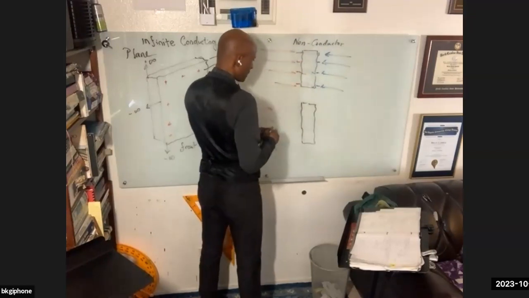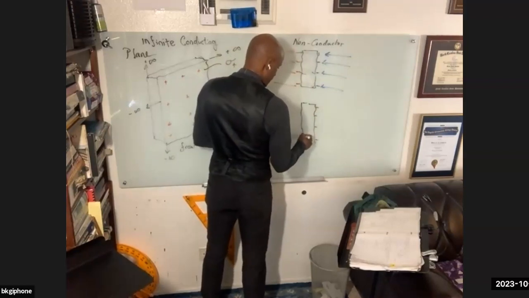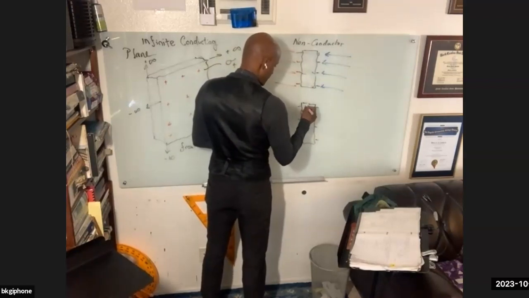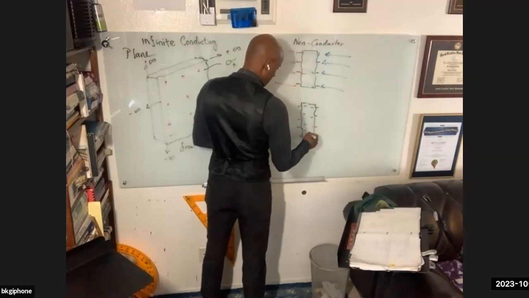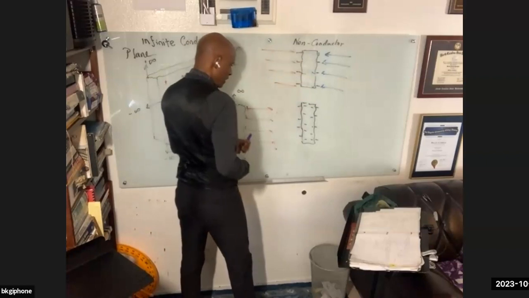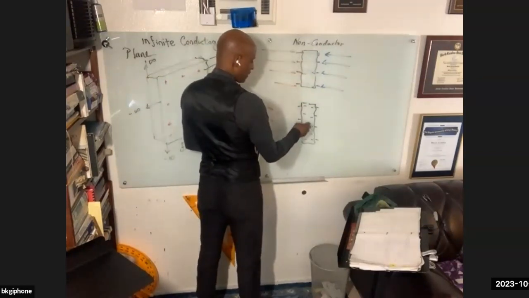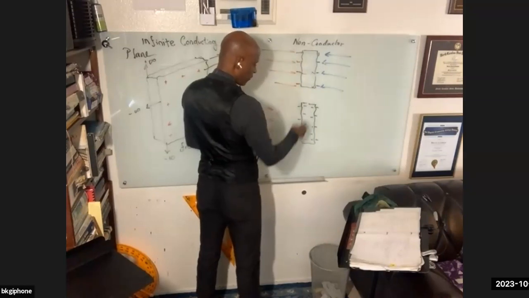Okay, so what I'm saying is, if we have charge everywhere on the surface and inside, we will get contributions of flux from charges over here.